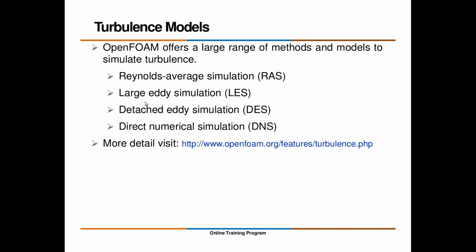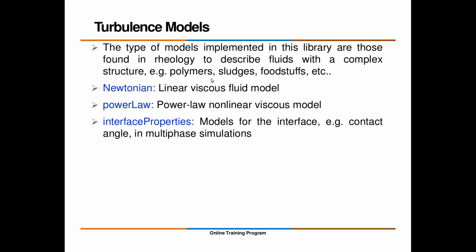In a similar line, LES, different classes of options are available in OpenFOAM, and direct numerical simulation is readily available. It comes with certain classes of models, sorry, this title is different: Newtonian fluid or non-Newtonian fluid point of view.